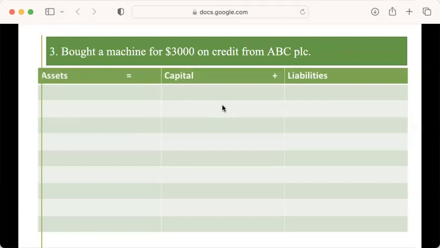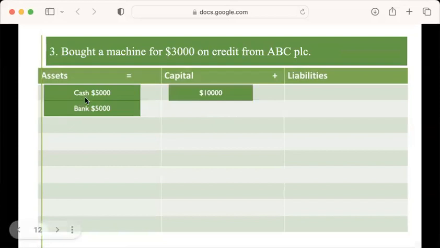Bought a machine for $3,000 on credit from ABC PLC. Already we have cash 5,000 and bank 5,000, and we owe that 10,000 to the owner, who had given that money, which we have split between cash and bank. But now we are buying a new machine, which is also an asset.